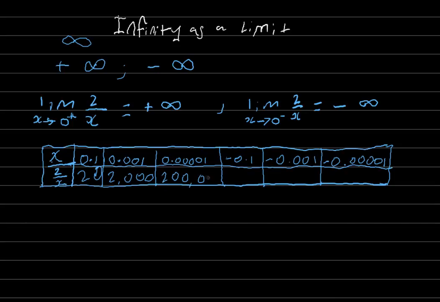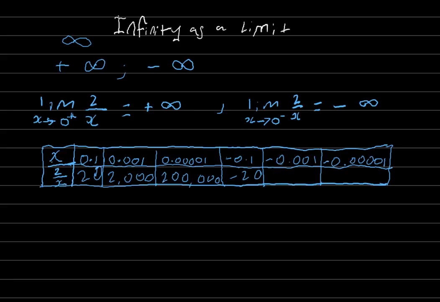So the value of 2 over x will keep on increasing as long as x is tending towards 0. Now for the negative part, if we input negative 0.1 in here, we are going to have negative 20.